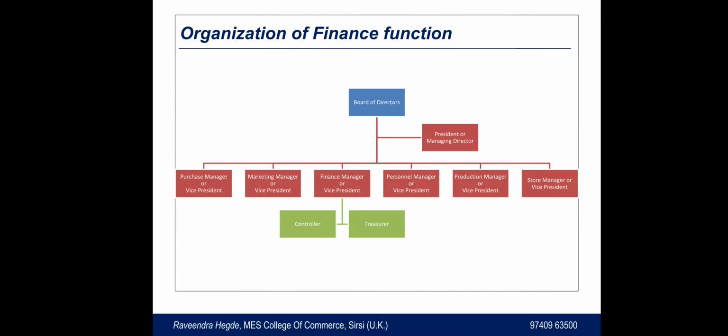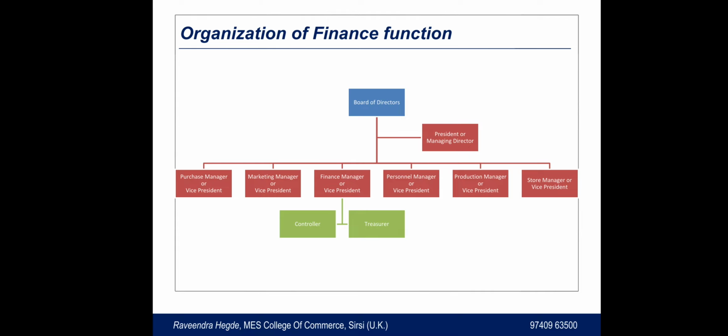The middle level management includes finance manager or vice president or chief finance officer. In short, we call him CFO, who is answerable directly to the president or MD, who in turn is reportable to the board of directors.